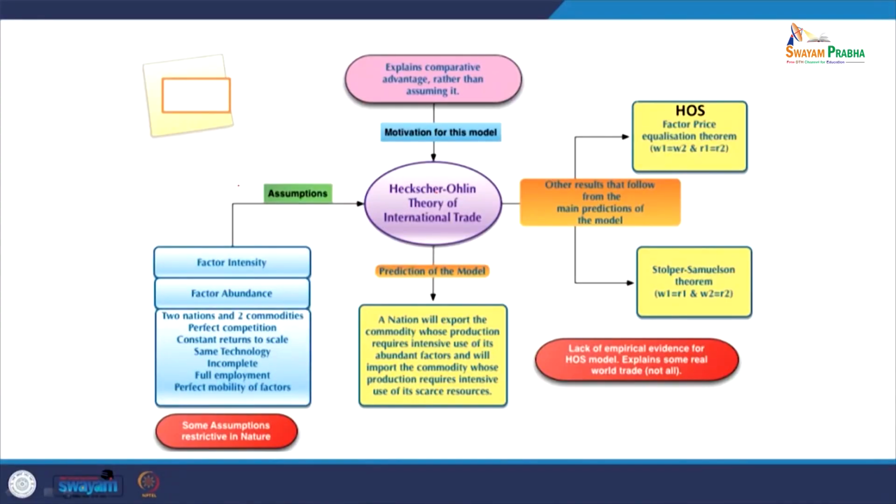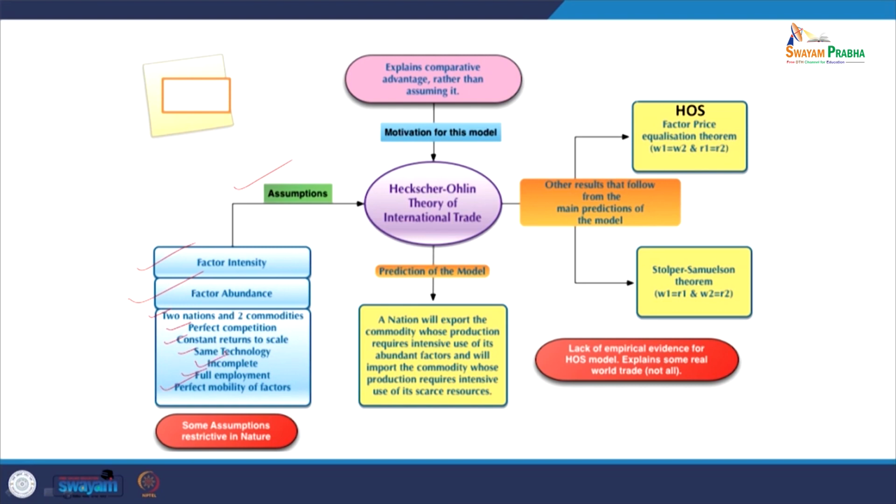There are some assumptions we discussed: factor intensity and abundance, the same technology, constant returns to scale, perfect competition, two countries, two commodities and two factors, incomplete specialization, full employment, and perfect mobility of factors.